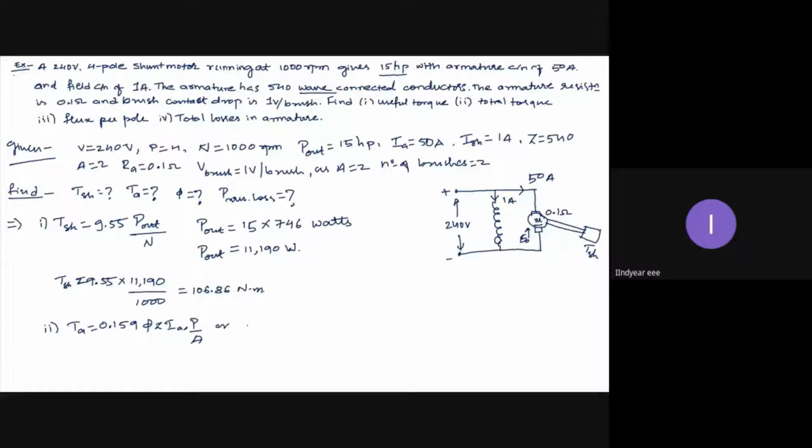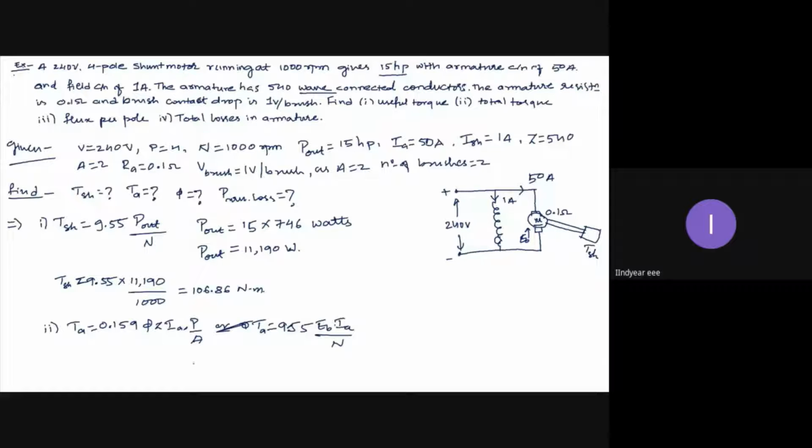Or TA is equals to 9.55 EB into IA divided by N. I can use any. Here you have to find out EB and here you have to find out flux. But to find out flux, we need to use the equation of EB only, because it is only the EB where it carries the term flux.